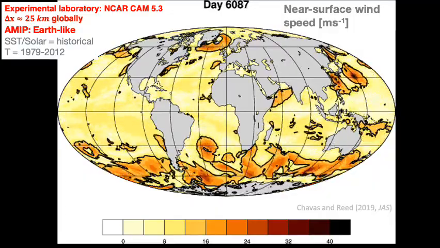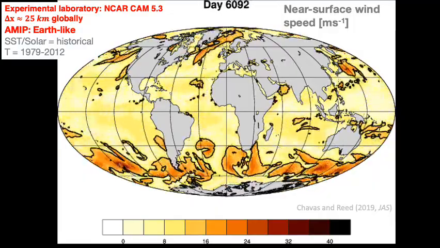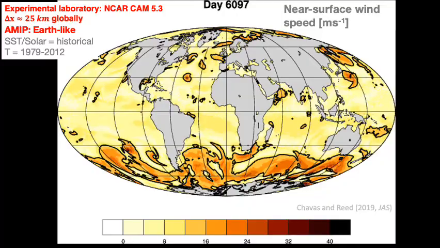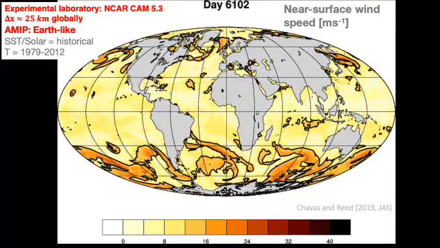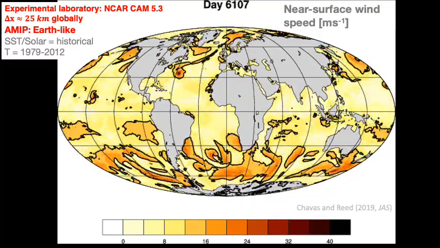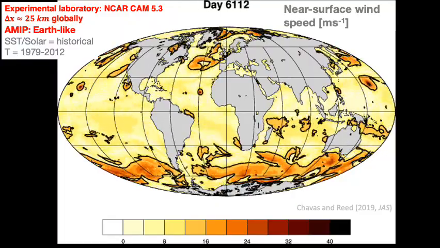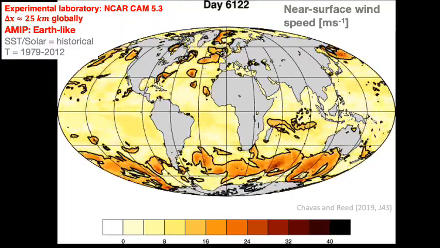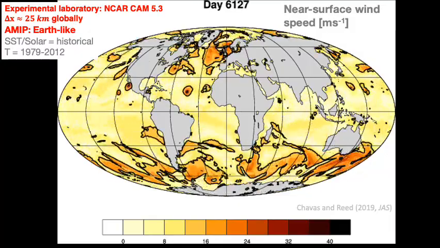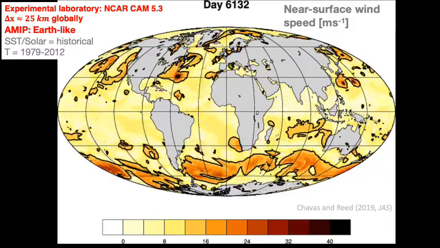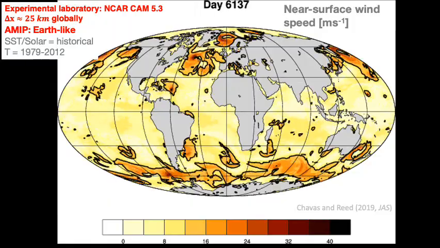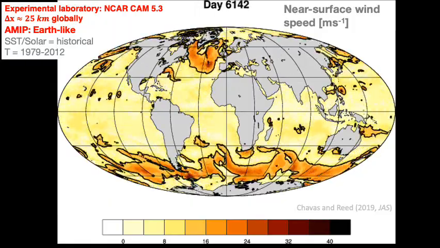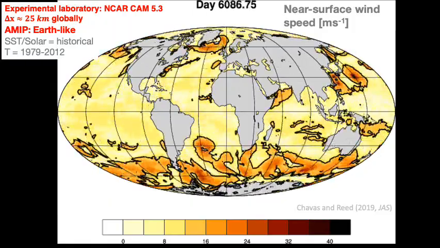This is an Earth-like historical simulation of roughly the last 40 to 50 years of a present-day climate state. So you'll see tropical cyclones, but also extratropical cyclones. You see these really strong surface westerlies in the southern hemisphere where nothing's getting in the way of those winds. If anyone's ever been on a boat down there, it's very, very choppy. We get all the different phenomena that we've talked about in this class to date.